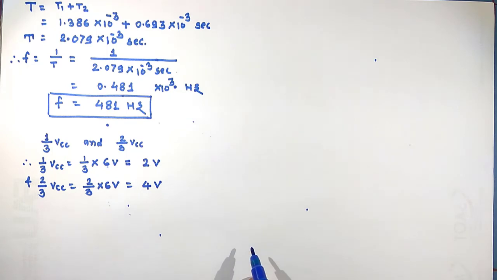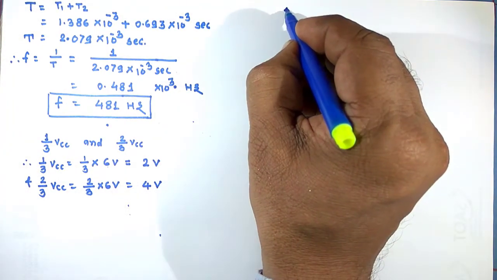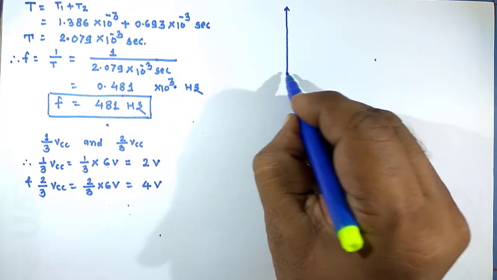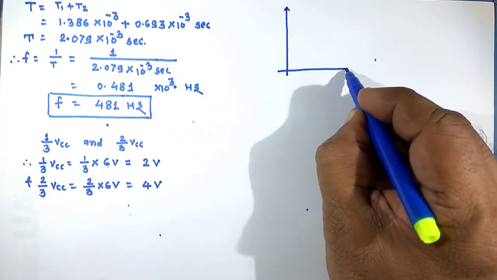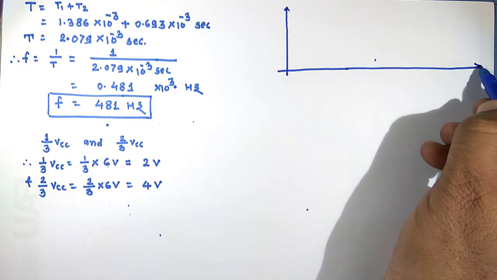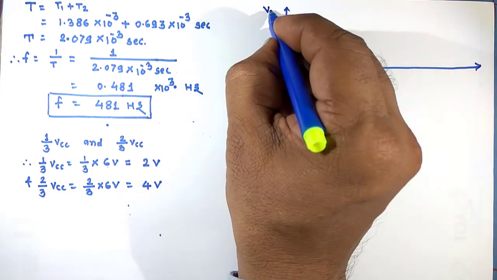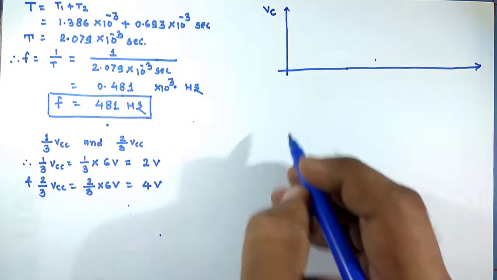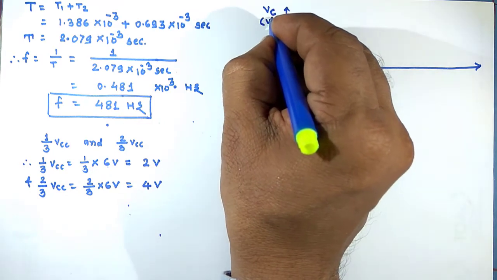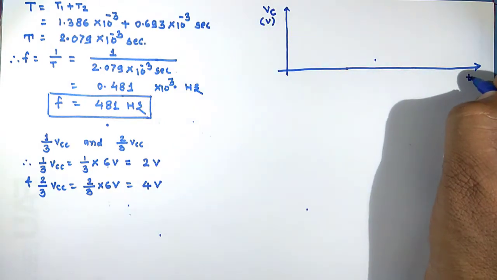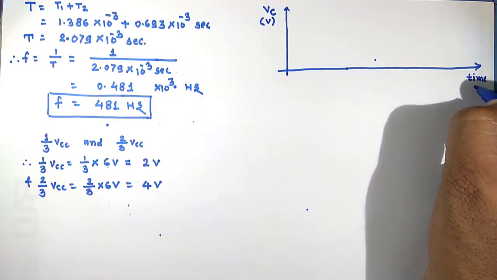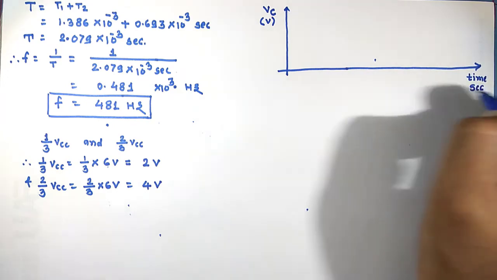If we try to draw the waveforms, then first of all let us draw the waveform of the capacitor voltage. So we will plot voltage across capacitor on y-axis and let us take time on x-axis.